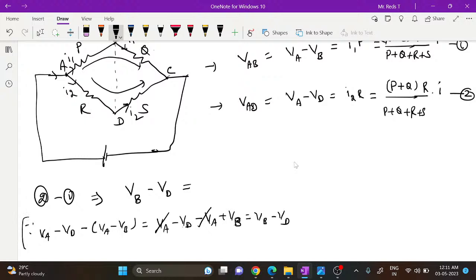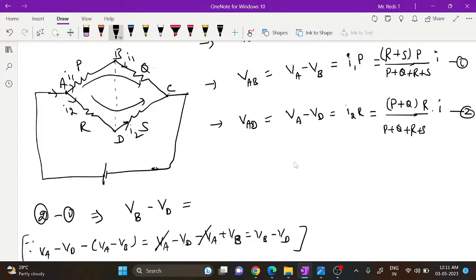Okay, because of this you can take VB minus VD as 2 minus 1 gives is equal to, if you observe here, P plus Q plus R plus S is common and I is common. So if you take that common terms out, it is equal to I by P plus Q plus R plus S common into, you can write it as 2 minus 1, right?